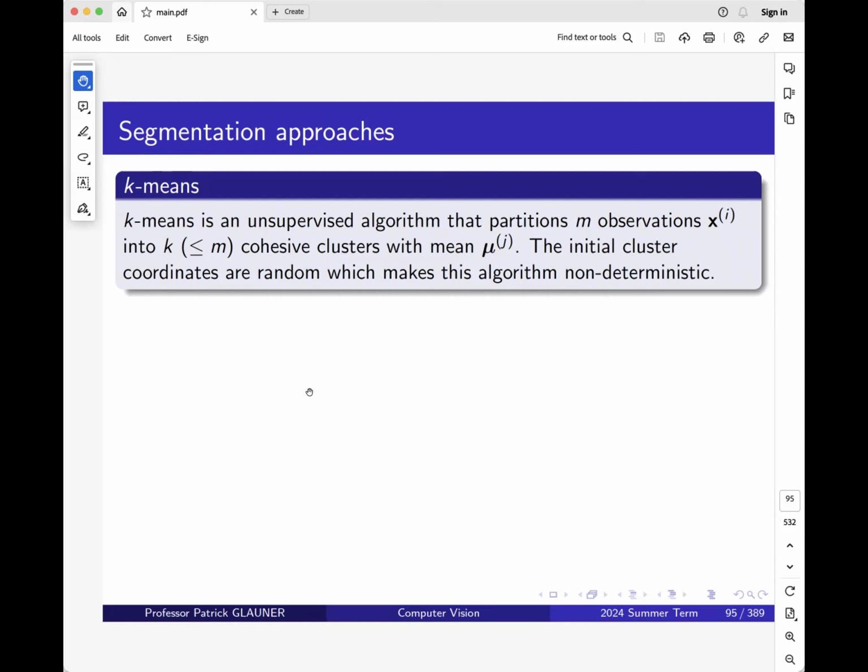It's a classic algorithm from machine learning, concretely from unsupervised learning, and it allows us to cluster a data set into various cohesive clusters, where the K in the name stands for the number of clusters.